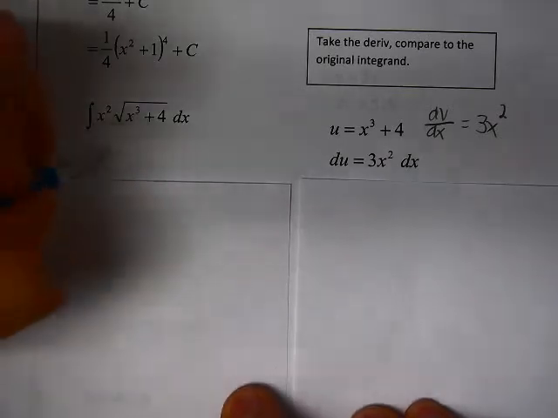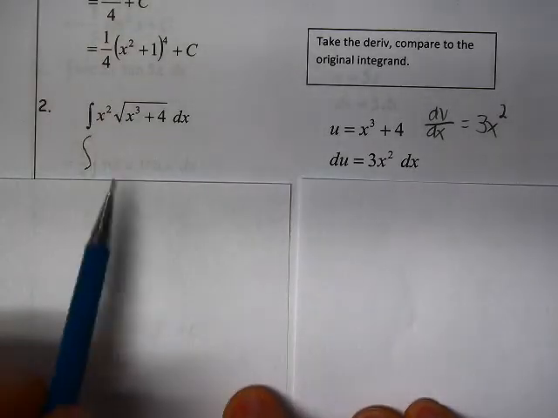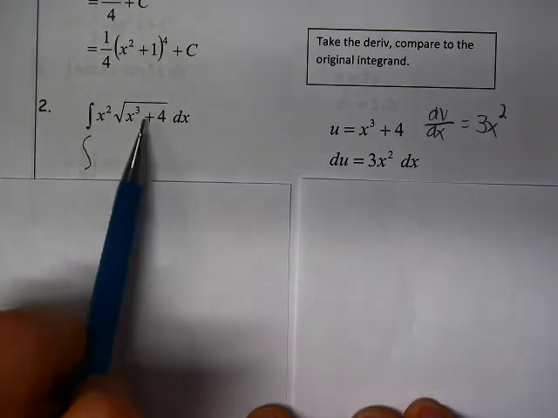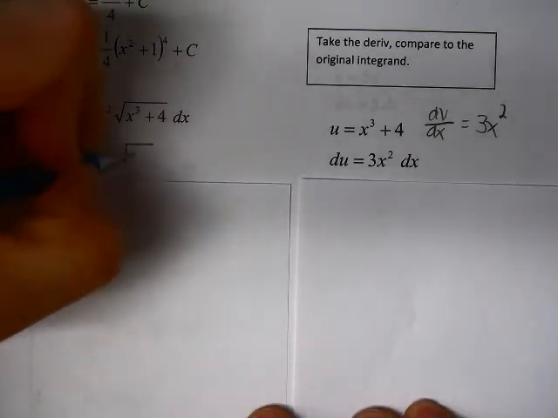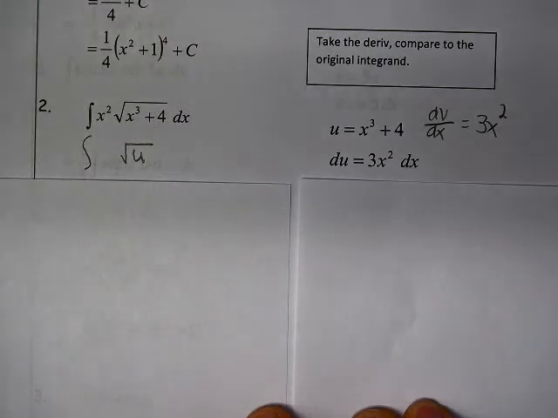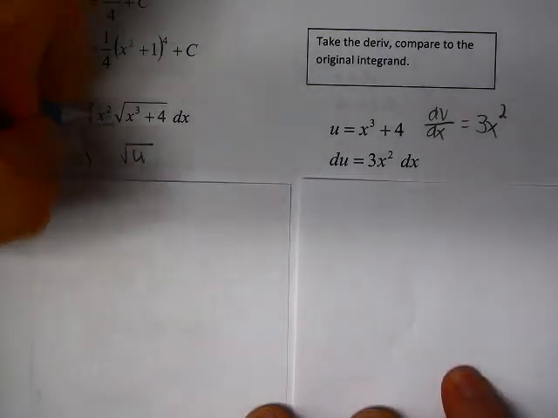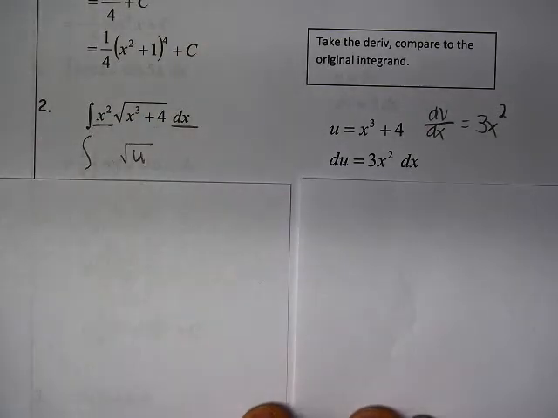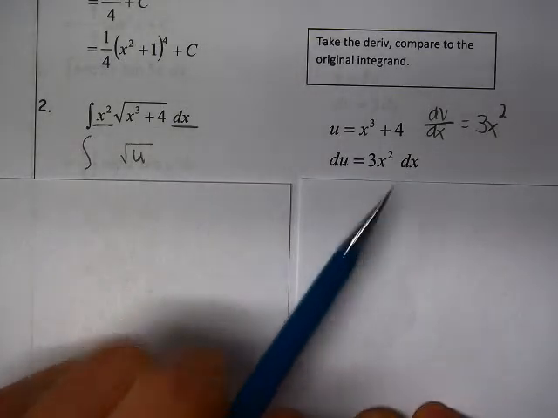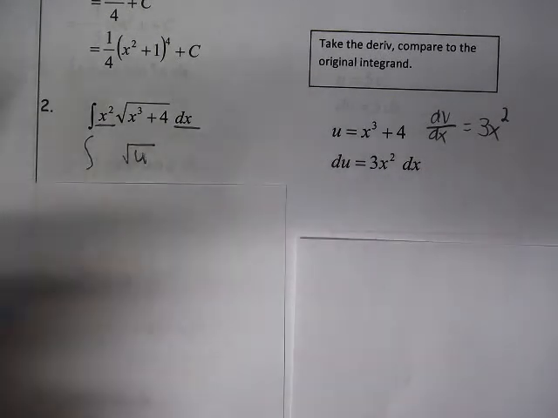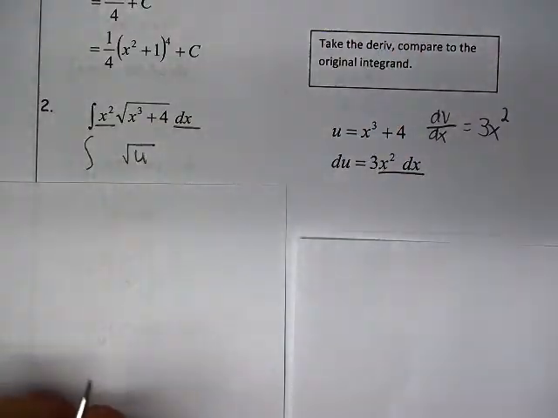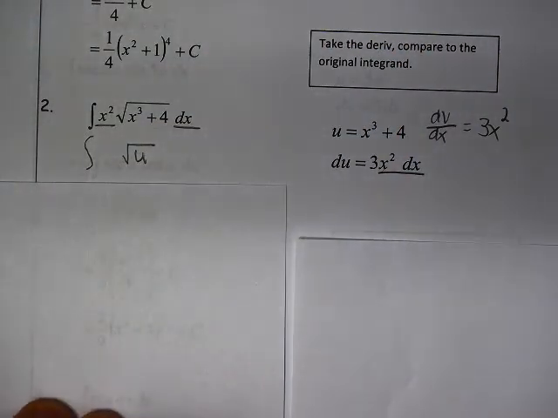Alright, so what we want to do now is this example is a little bit more complicated than the first one. So you can see here, as I try to write my integral in terms of u, I have the u here, so I could write this as the square root of u. But then what I have to replace, the leftover part that I still haven't accounted for, is this x squared dx. Right? And here I have a 3x squared dx. So what I'm going to do here is I'm going to solve this for just the part that I want to replace.